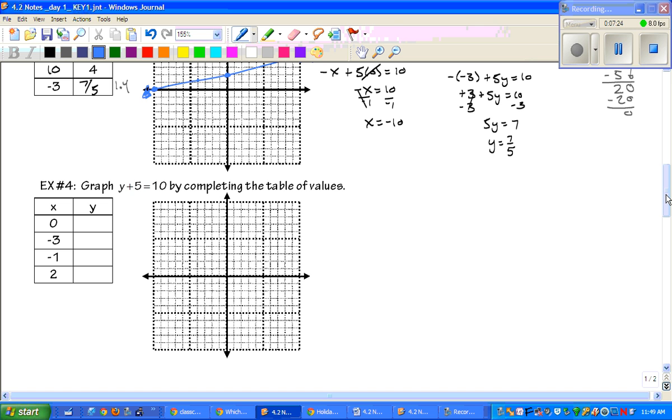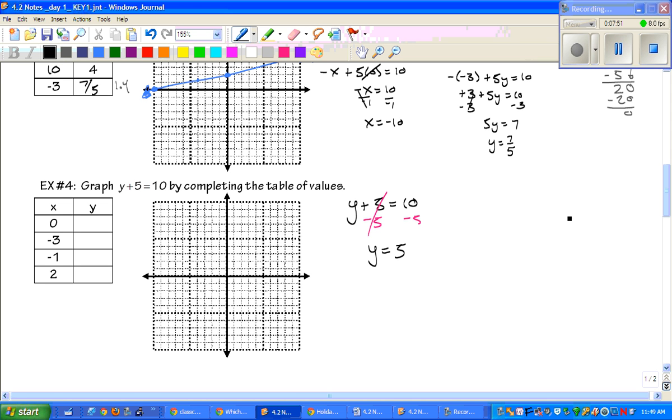Example number 4 says graph y plus 5 equals 10 by completing the table of values. I don't see an x value, do you? No, so let's try something real quick. What happens if we just solve? Subtract the 5, and we get y equals 5. Okay, this is one of the special cases that we talked about the other day.